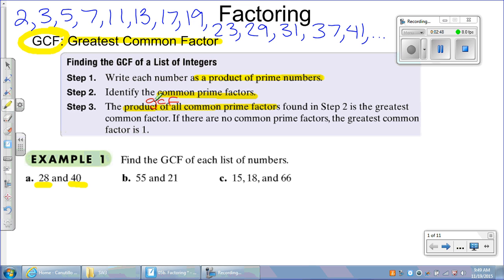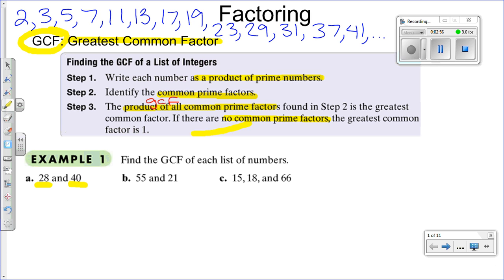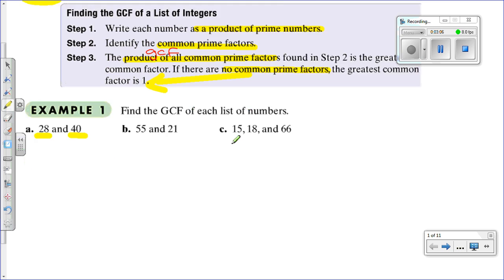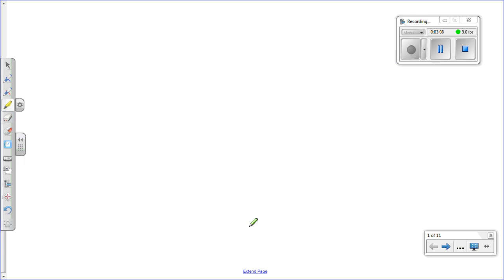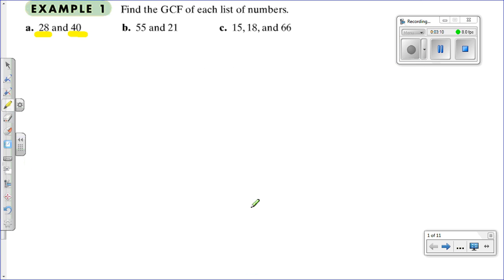Now, if you find that the numbers have no prime factors in common, then the GCF becomes 1. That's cool.